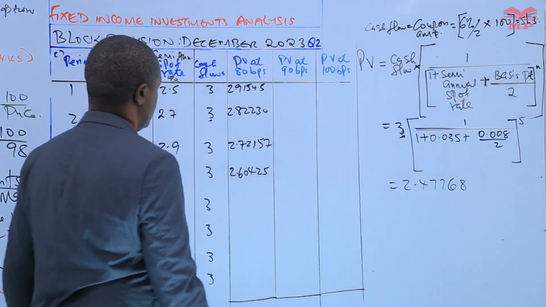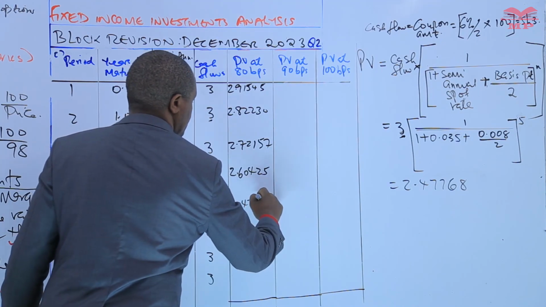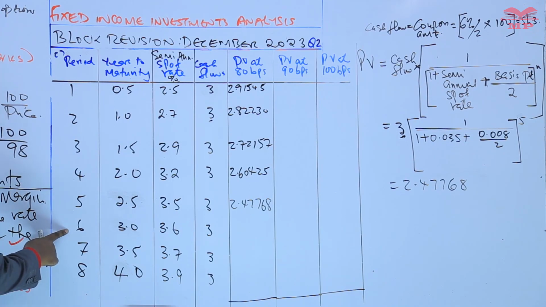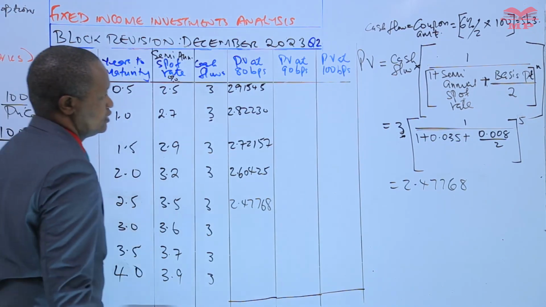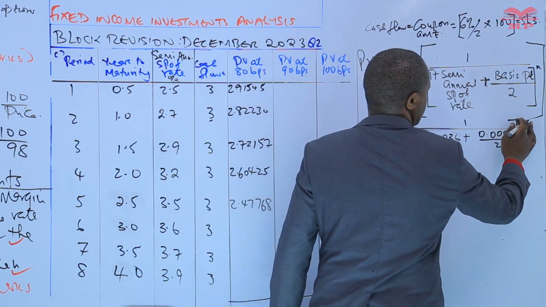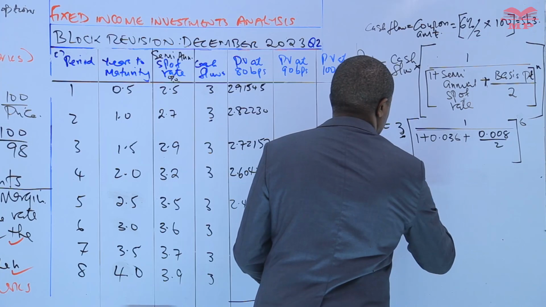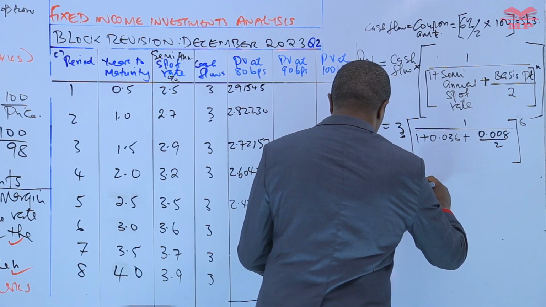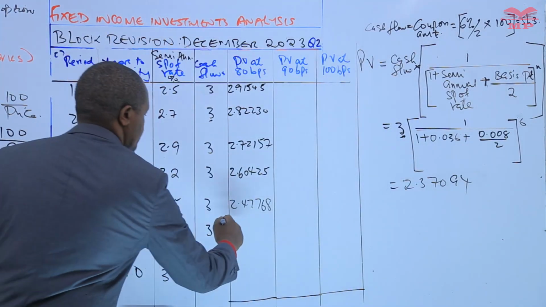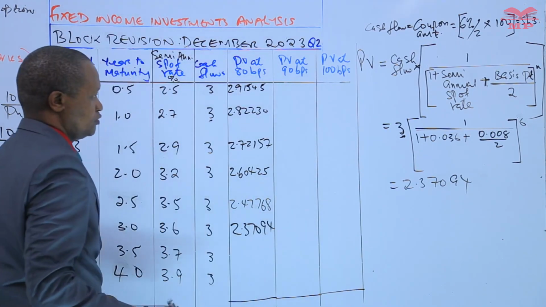We get 2.47768. That is period 5. Period 6, the rate is 3.6%, and we get 2.37094.